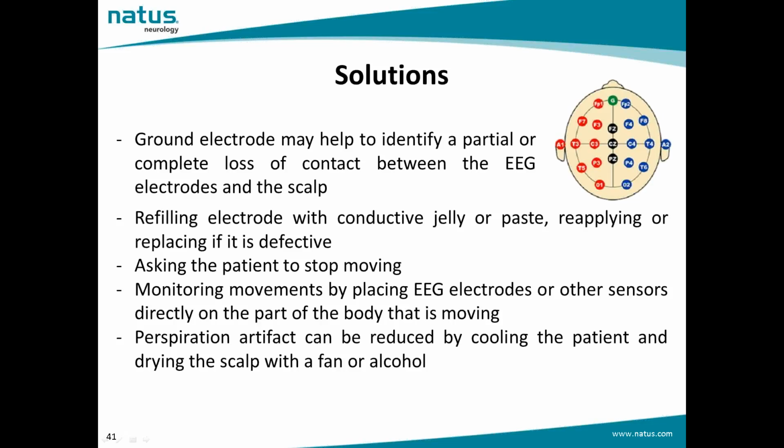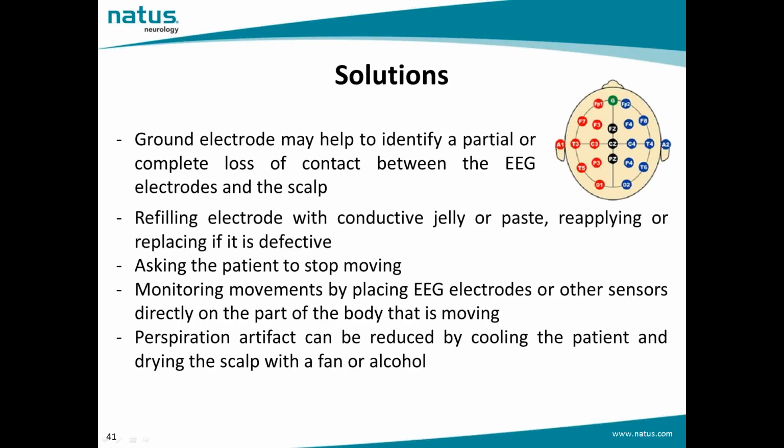The electrode may be partially or completely detached, the lead wire may be broken, or the conductive base or jelly may have dried. So, as a next step, electrical impedance should always be measured because it represents a good marker for identifying a defective electrode.